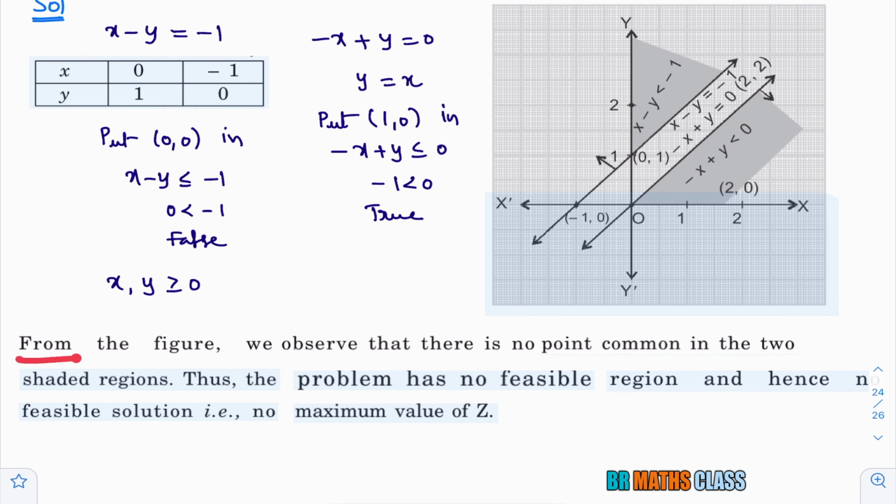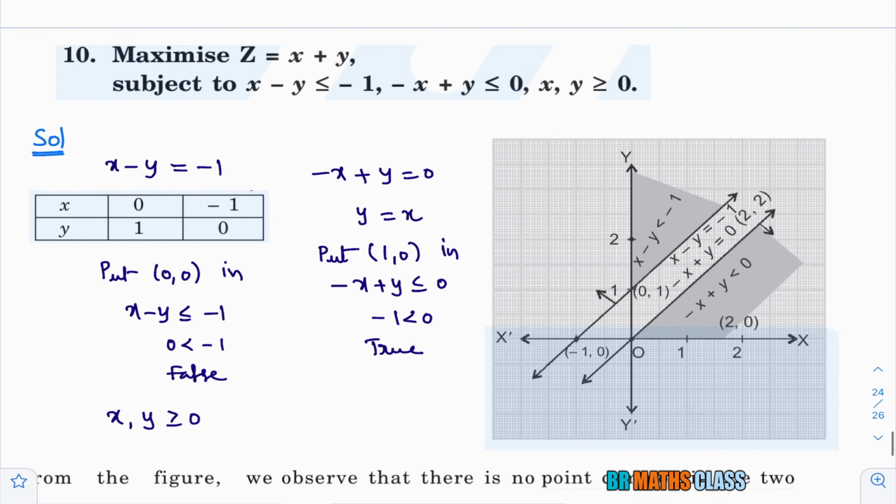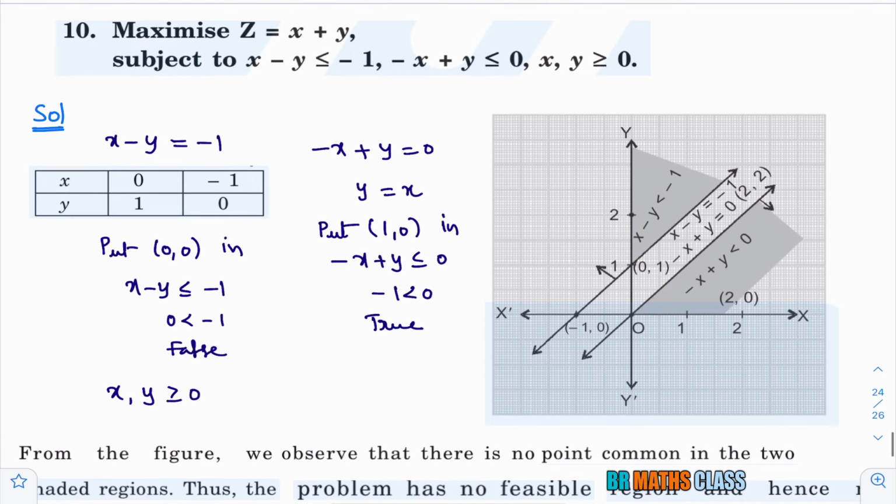From the figure, we can observe that there is no point common to the two shaded regions. Thus, the problem has no feasible region and hence no feasible solution. No feasible solution means we cannot go further. We say that there is no maximum value of z. I hope you understand the solution of this problem.